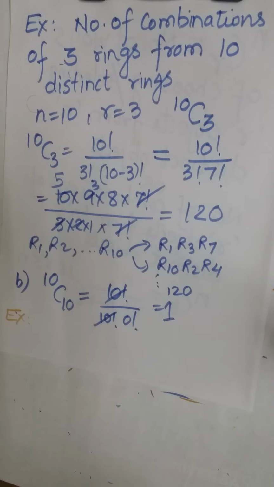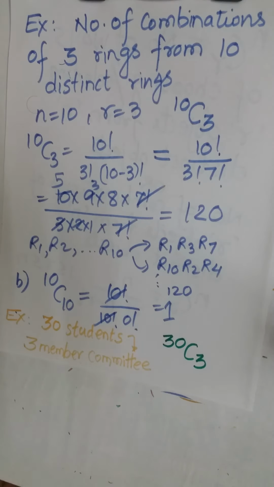Let's take one more example. There are 30 students in a class. We have to form 3-member committees from the 30 students. Meaning, in how many ways can a 3-member committee be selected?